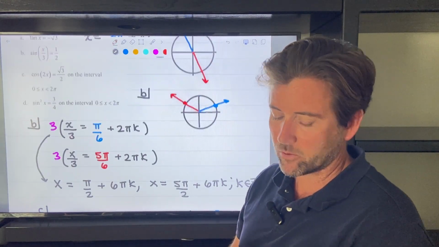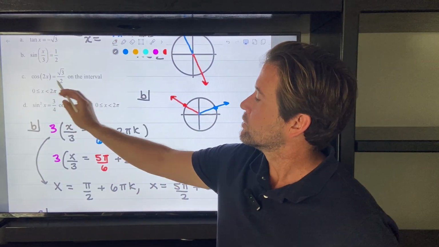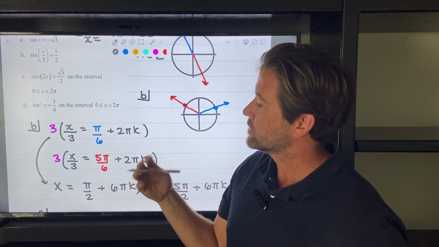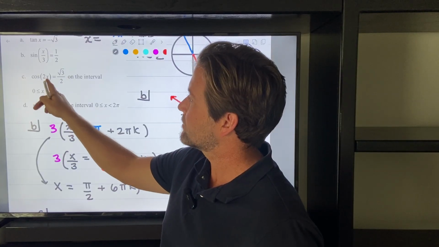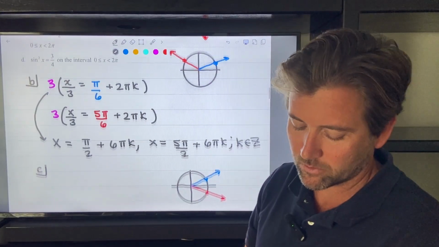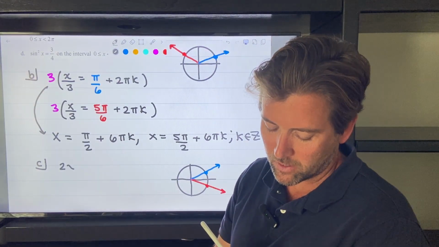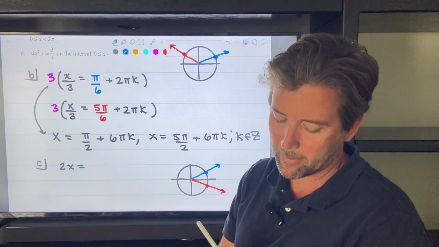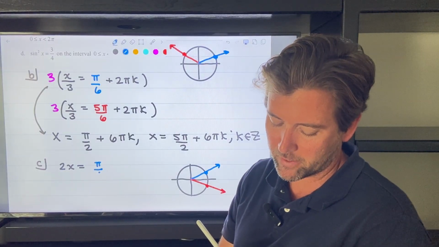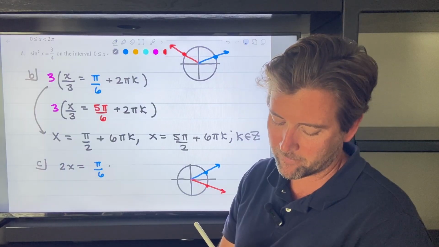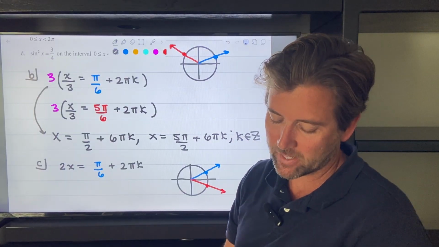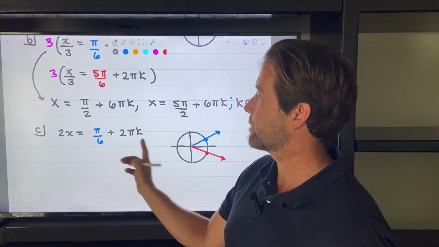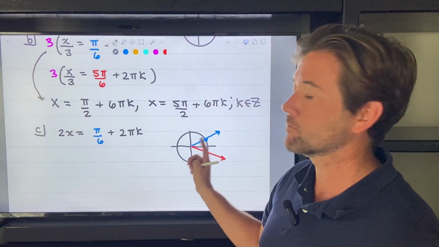All right, looking back up at the equation, cosine of 2x equals square root of 3 over 2. So we're figuring out what all of these angles have to be, what 2x has to equal. So 2x has to equal pi over 6 plus 2 pi k. So this equation only represents all of the angles in blue that are in the first quadrant.